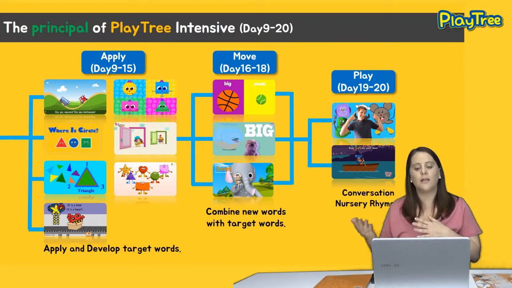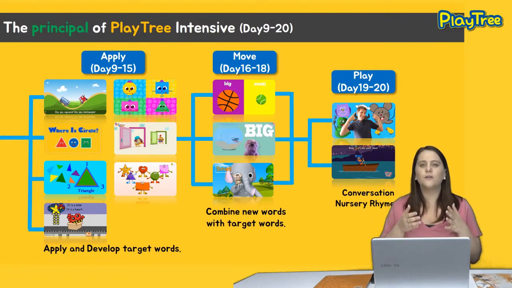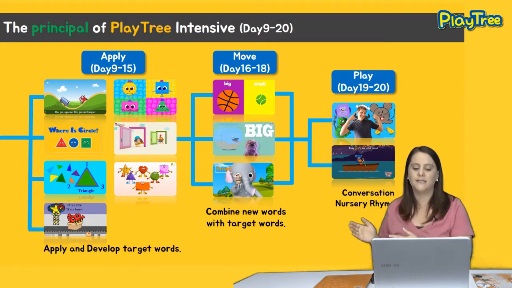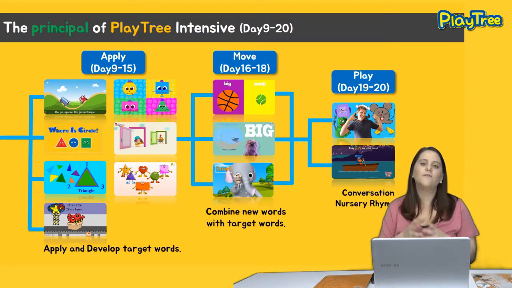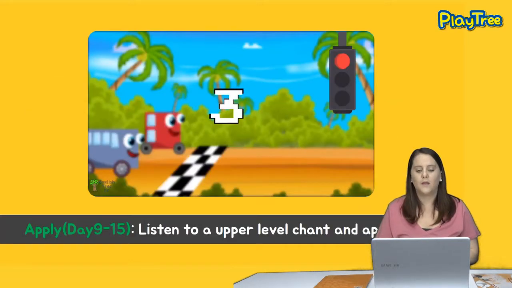They're going to be talking about how many sides a shape can have on days 13 through 15. And they're also going to really develop their descriptive speaking from days 16 to 18. And then from days 19 to 20, they're going to practice their conversation skills and learn a nursery rhyme. These days, 19 through 20, are really fun in an interactive way to end the lesson for the month.